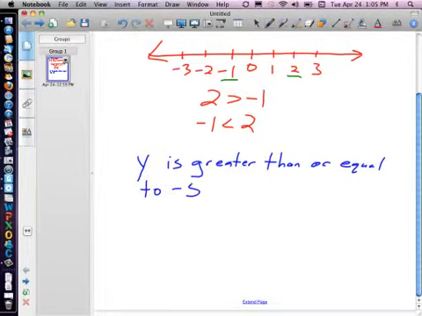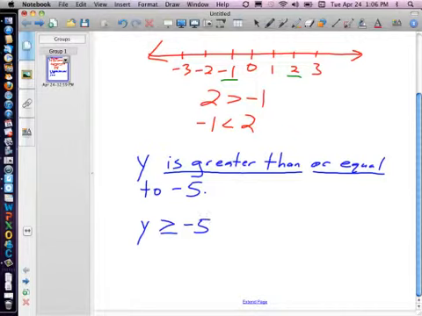We'll try -5. To translate that into a symbol, you would write y, and then the is greater than symbol. But this is more than that. It's is greater than or equal. And the or equal part just adds a little line under there. Y is greater than or equal to -5.